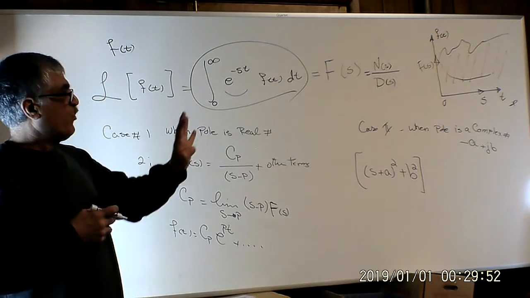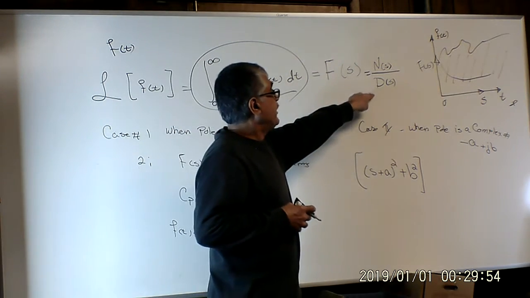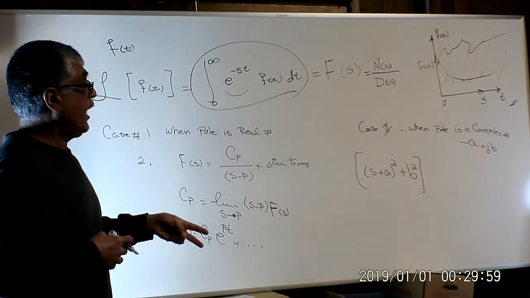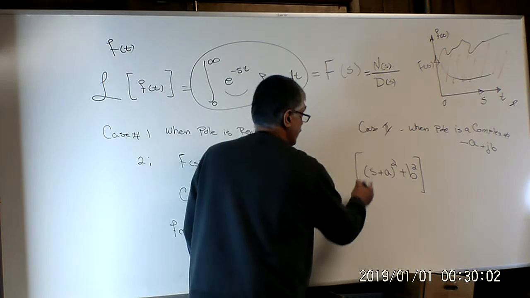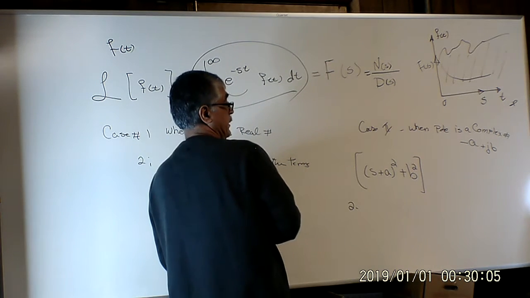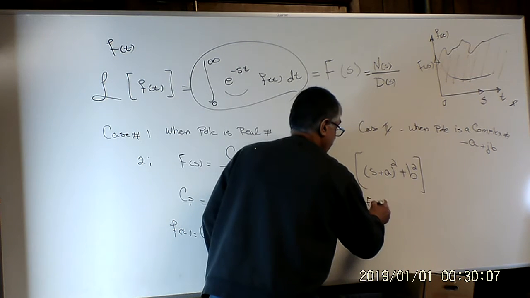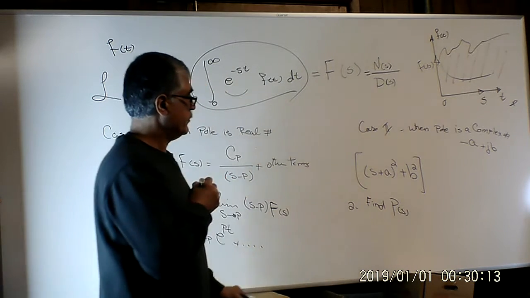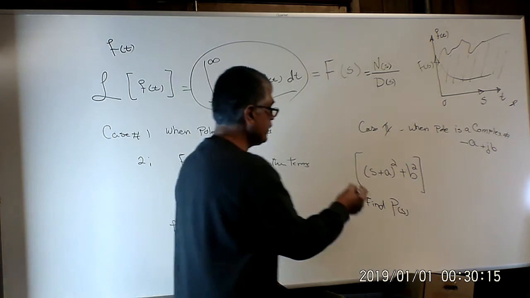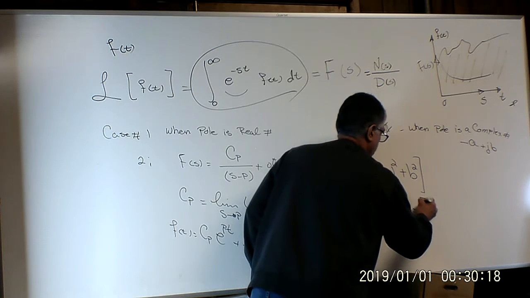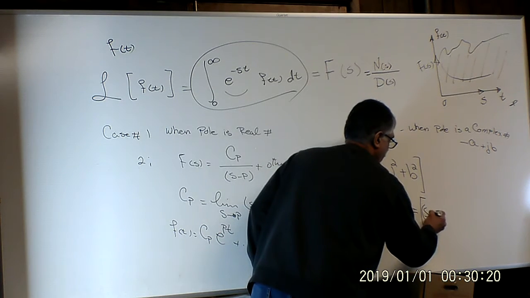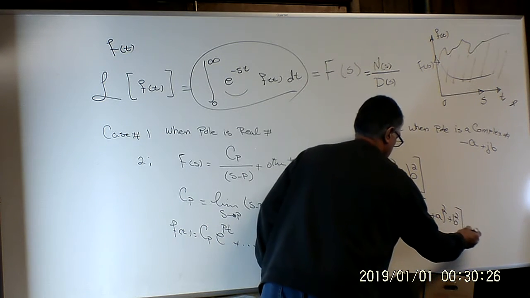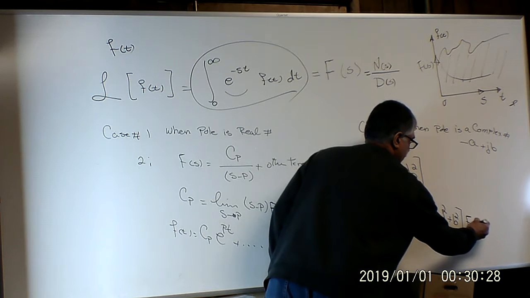Our second step is to find P(s) in this relationship: (s plus a) squared plus b squared, multiplied by F(s).